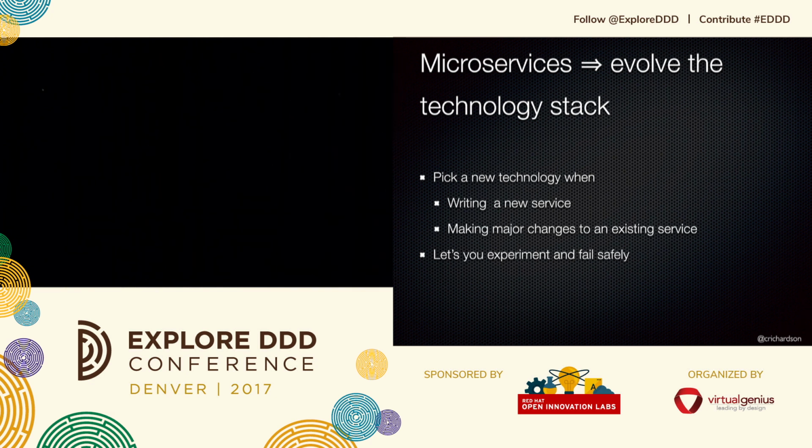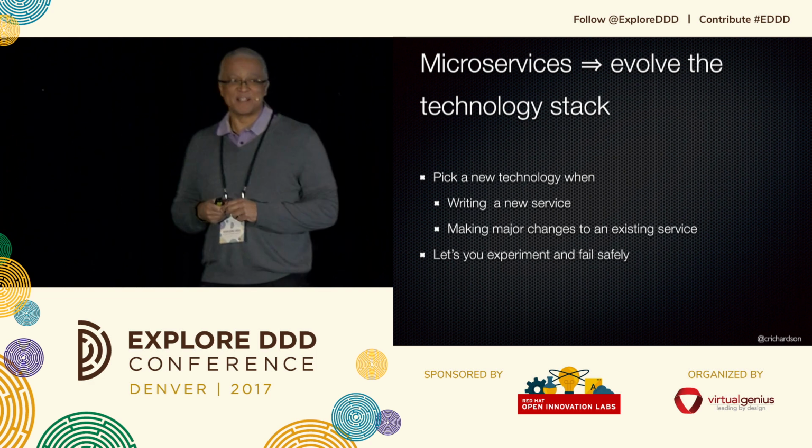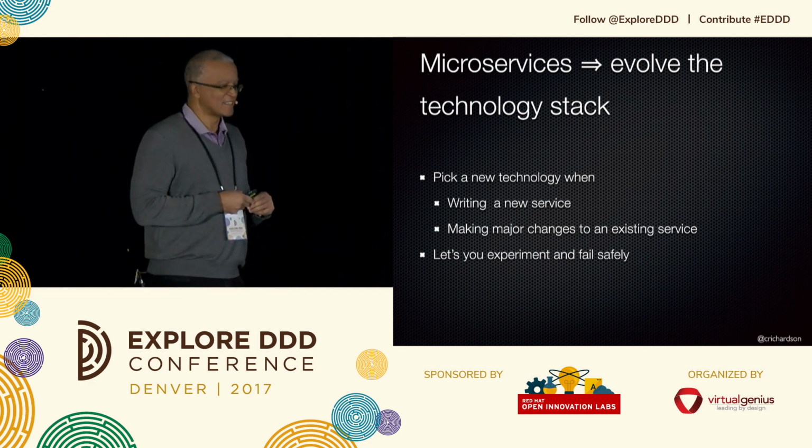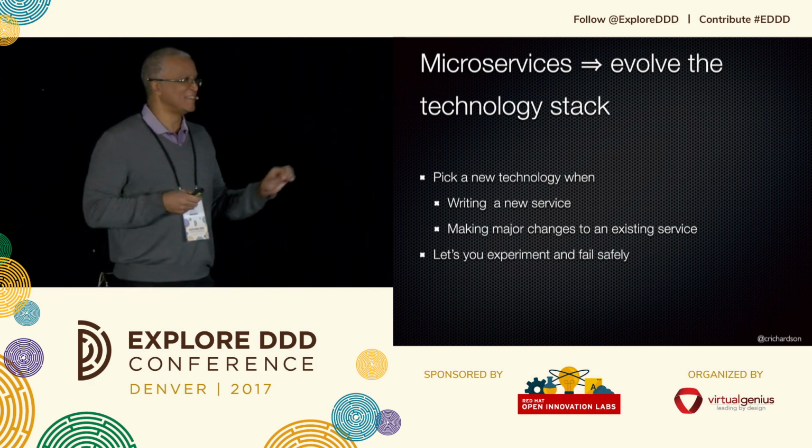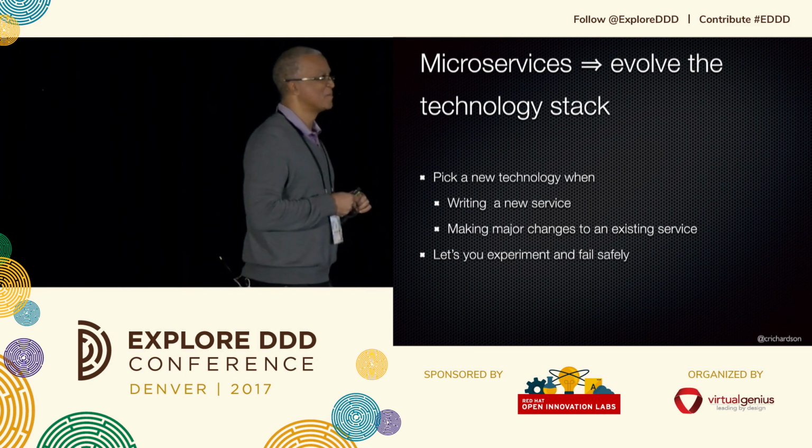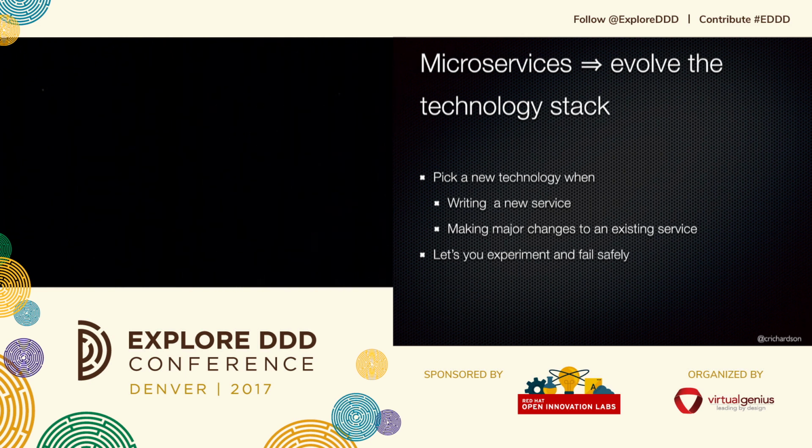So for instance, you've heard that Golang is really cool, right? Because Google's using it. So you build a new service using Golang, and then you realize that it's really just a 1990s version of C with a garbage collector. And you want to use a high-level language like Java instead.